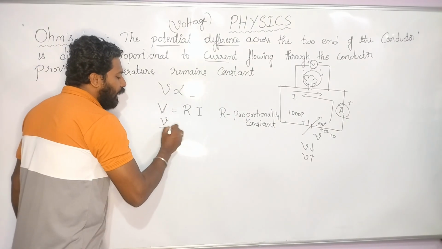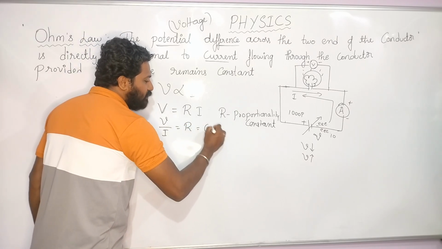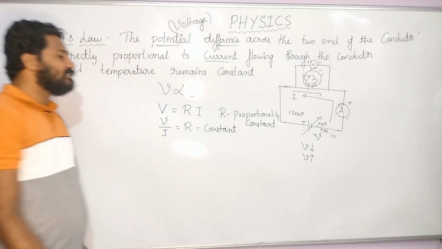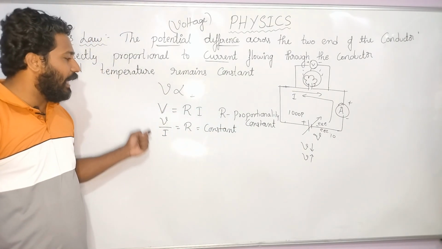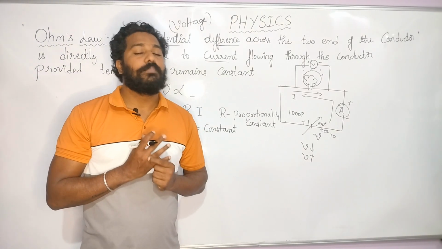Then V by I is equal to R, which is always constant.